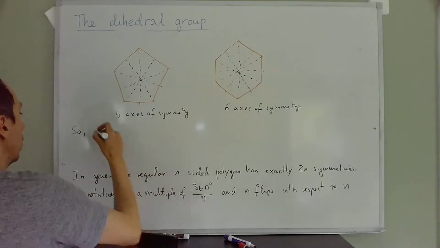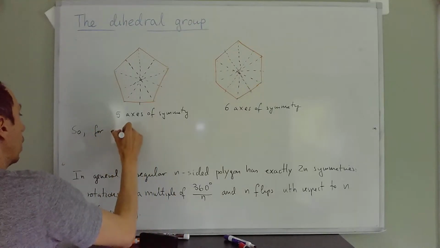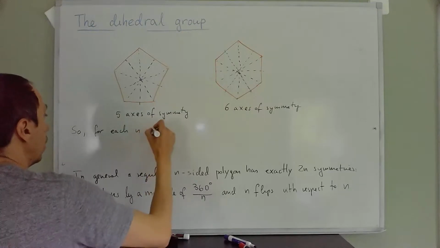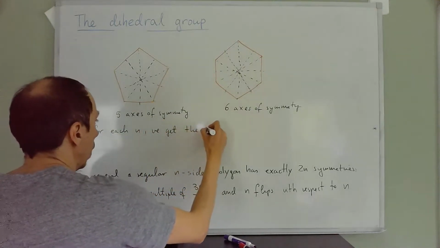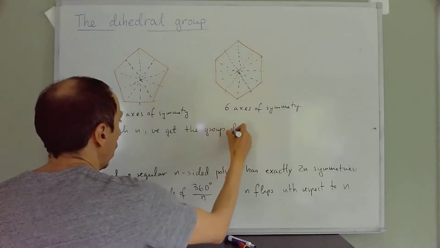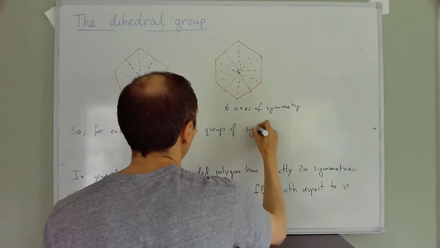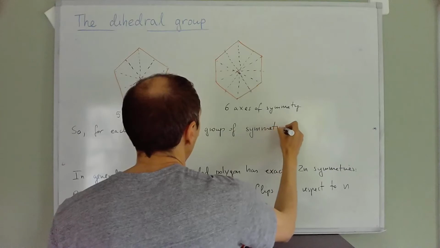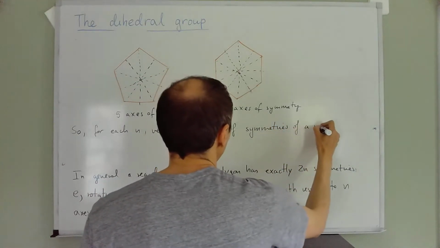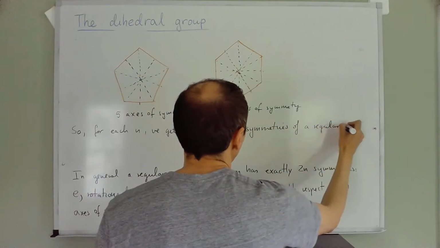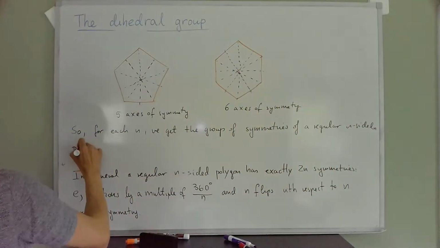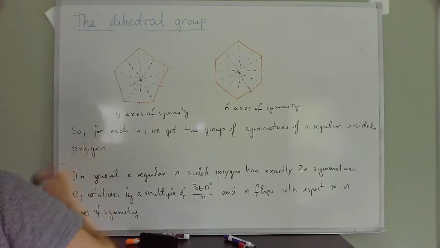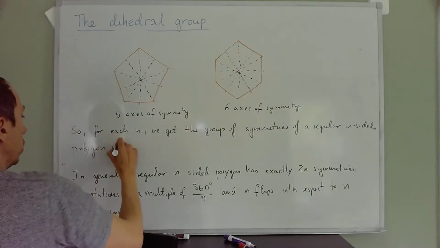For each n, we get the group of symmetries of a regular n-sided polygon under composition.